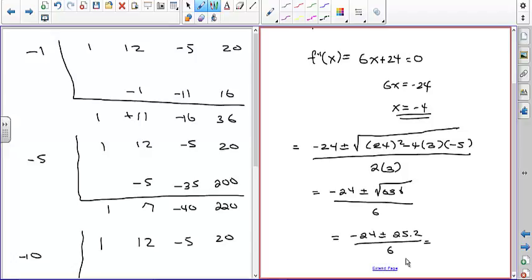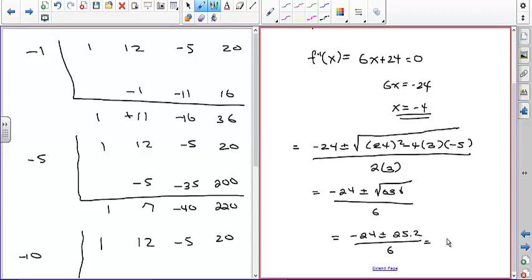Just want to make sure, so let's get the decimal equivalents here. -24 plus 25.2 divided by 6 is approximately 3. So if you take the positive square root, something's wrong there. Oh, I raised it to the 6th power, not divided by. Okay, divide by 6.